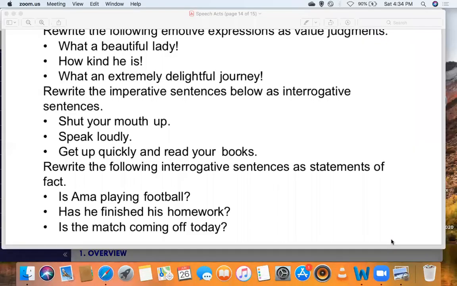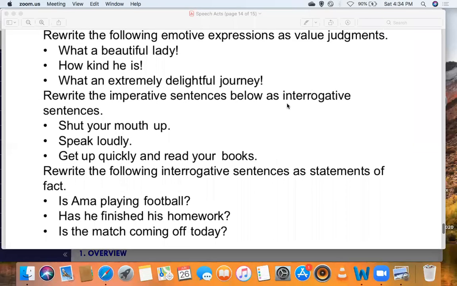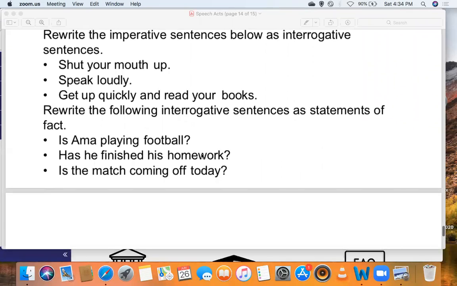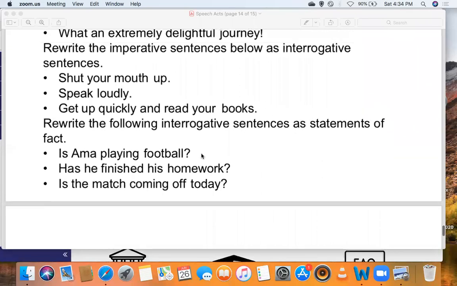Next person, answer the third one. Is that Sylvester? Okay. Can you get up quickly and read your book, or will you get up quickly and read your books? So that's fine.